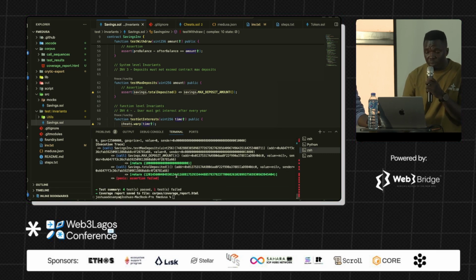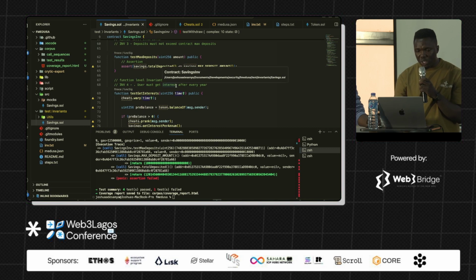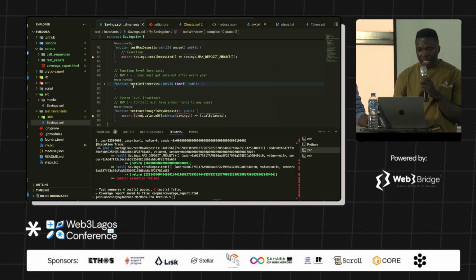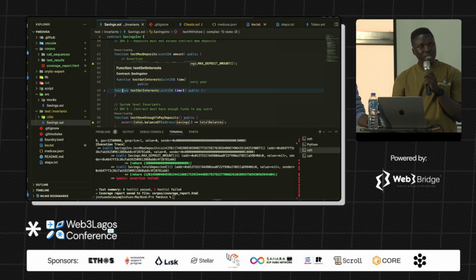Are you guys still with me? If we go through the function, we are going to notice that the get interest is going to be a problem because we're not putting any extra funds into the protocol. So by the time it calls get interest, we're going to take part of the funds that is supposed to be for the normal user.